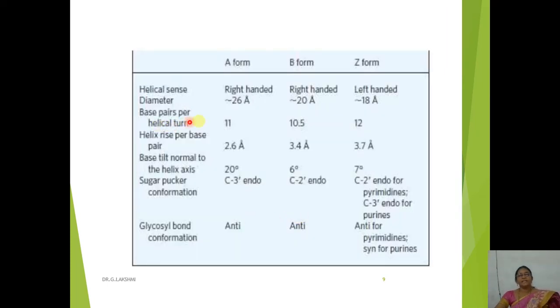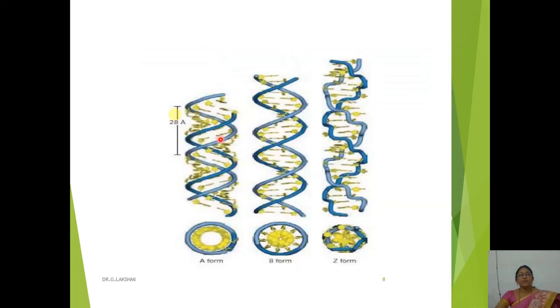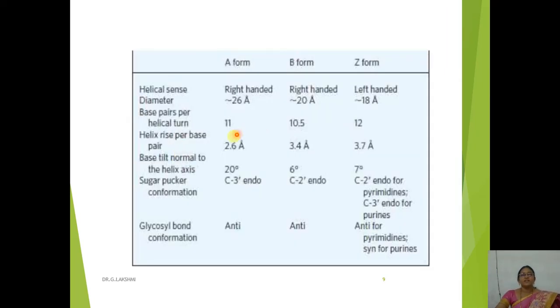Base pairs per helical turn means the number of base pairs found per one turn of the DNA. Base pair means a purine pairs with a pyrimidine of the other strand, so AT or GC. We see here that for A form 11, B form 10.5 and Z form 12 base pairs are found in a single turn.